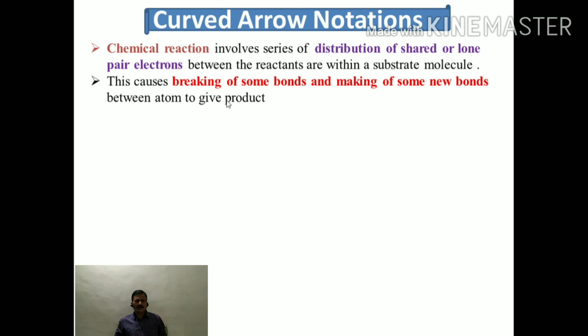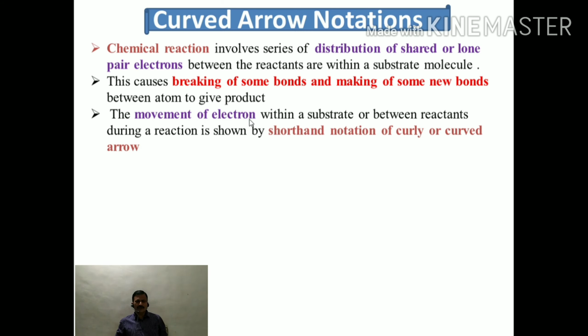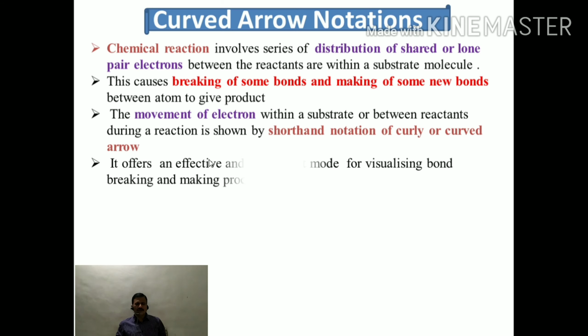The movement of electrons within a substrate or reactant during a reaction is shown by the shorthand notation of a curly or curve arrow. It offers several advantages which will be helpful to distinguish or visualize the bond breaking and making processes.